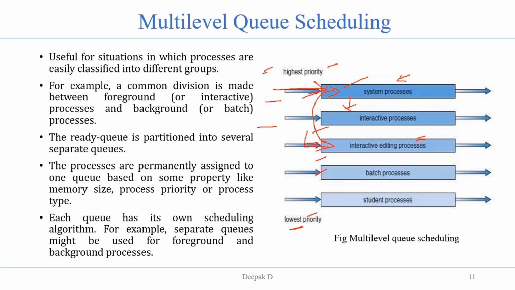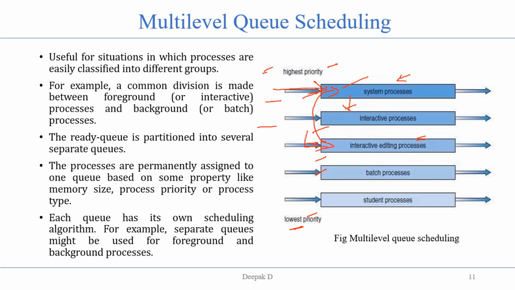This is one thing. The second possibility is that you can go with time slicing among the queues, where each queue gets a certain portion of CPU time which can be scheduled among its various processes.